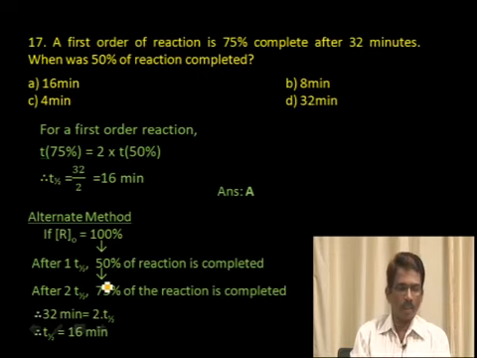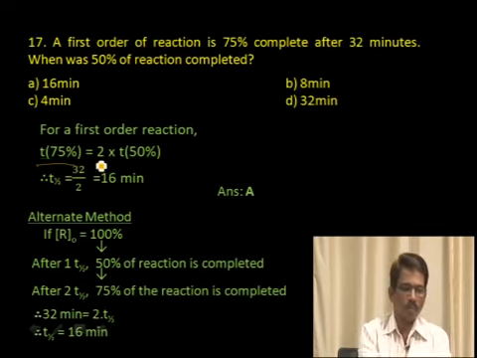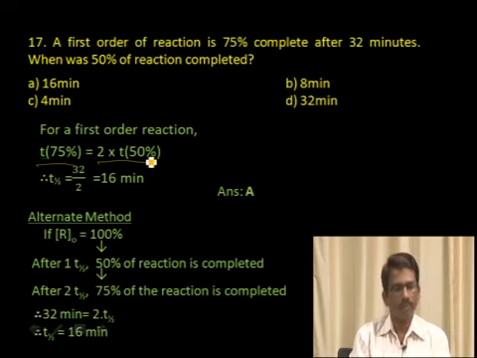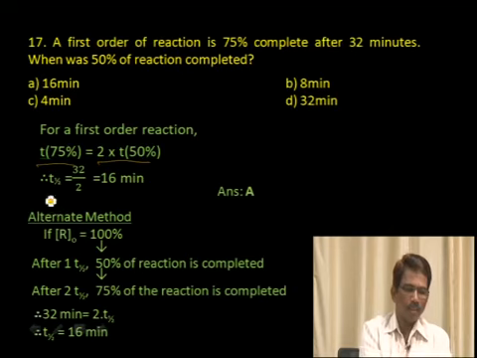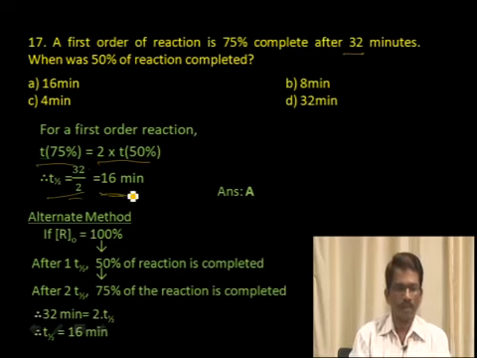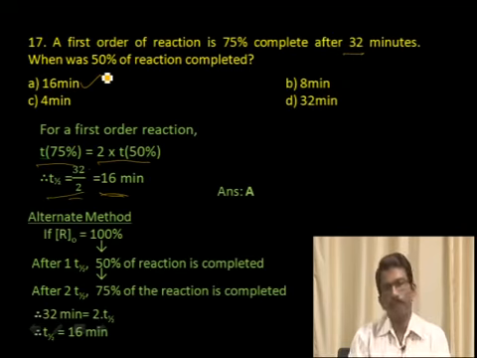For a first order reaction, you know very well the time required for 75% completion of a reaction is equal to twice the time required for 50% completion of the reaction, and therefore T half is equal to 32 minutes, which is the time for 75% completion, divided by 2, and the answer becomes 16 minutes. The correct option becomes option A.